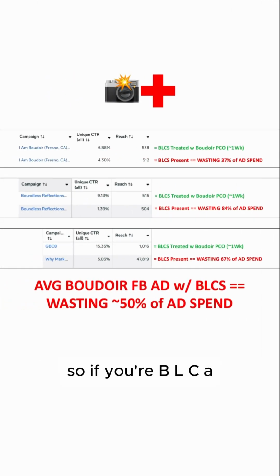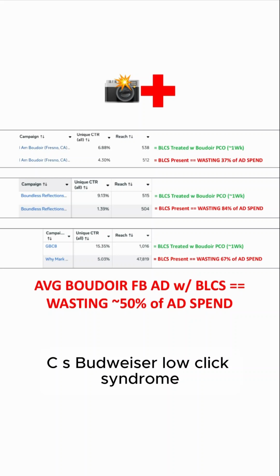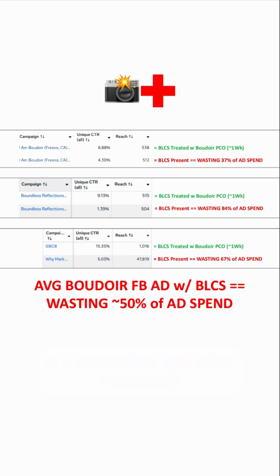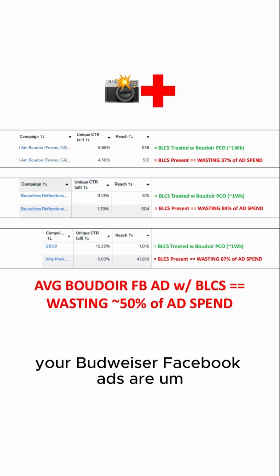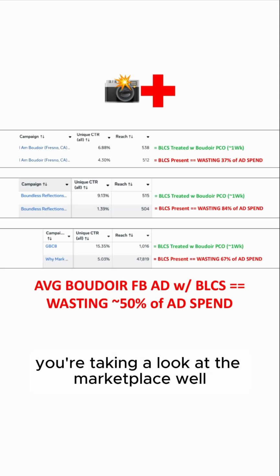So if you're a BLCA, a Boudoir low click advertiser, with BLCS, Boudoir low click syndrome, your Boudoir Facebook ads have a unique CTR under 6%, and you're taking a look at the marketplace.